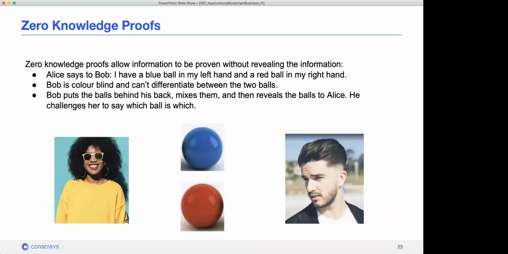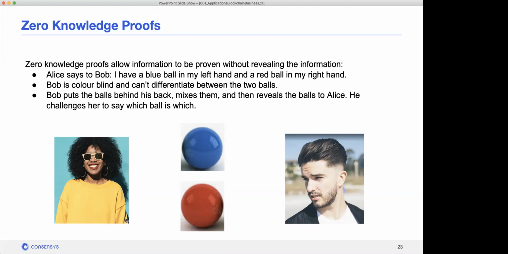And before I go too much further, I need to explain a concept, which is zero-knowledge proofs. So imagine you've got Alice and Bob, and Alice says, I've got a blue ball and a red ball. And Bob says, well, I'm colorblind. They look the same to me. And so he takes the balls, puts them behind his back and mixes the balls up.